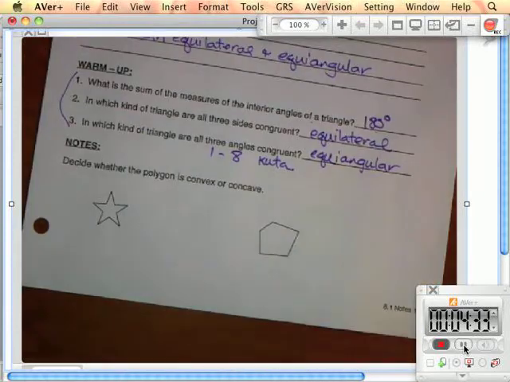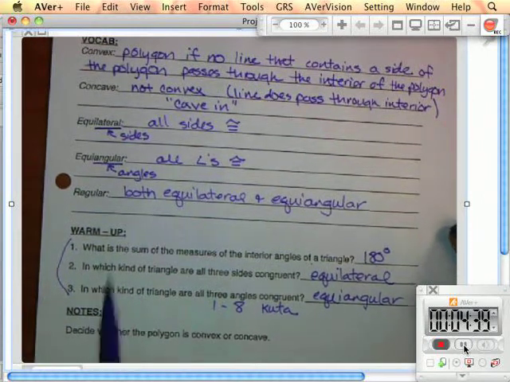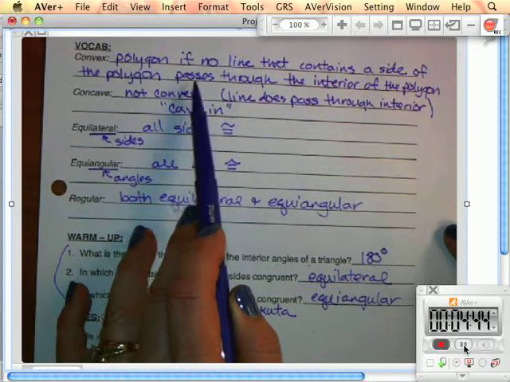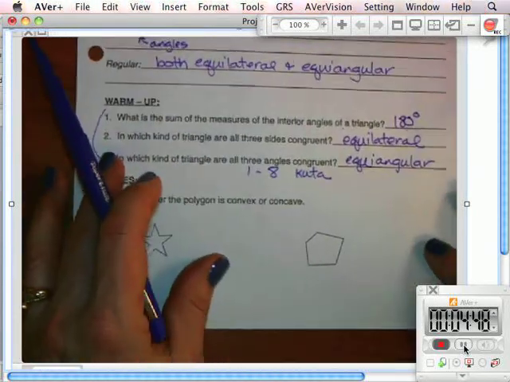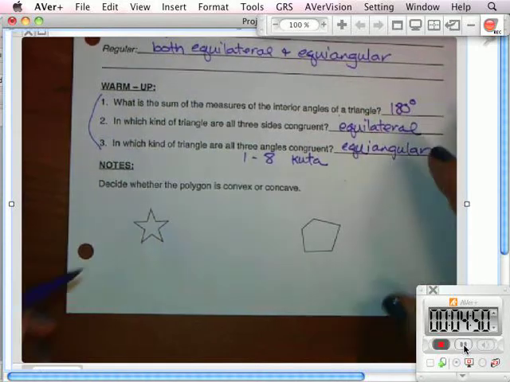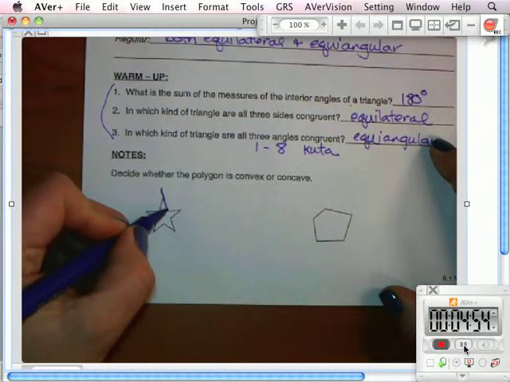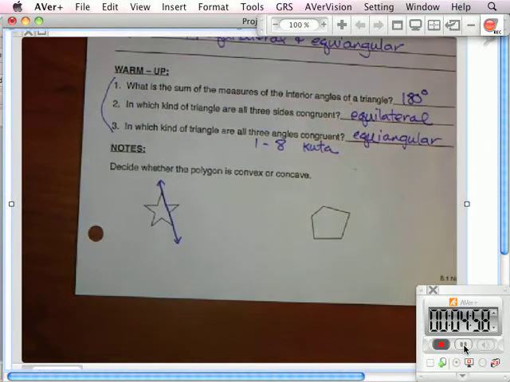All right, so what I set up here, if we have to decide if it's convex or concave, if no line that contains the side of the polygon passes through the interior of the polygon, then it's convex. If it does, then it's concave. So I want you to draw a line that passes through this side and just keeps going. Uh-oh. Look at what happens right here.